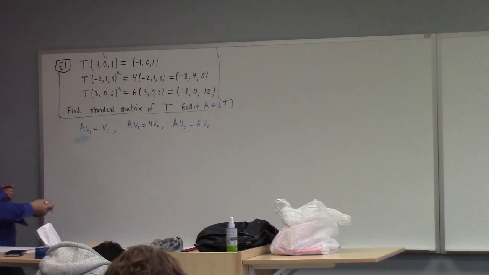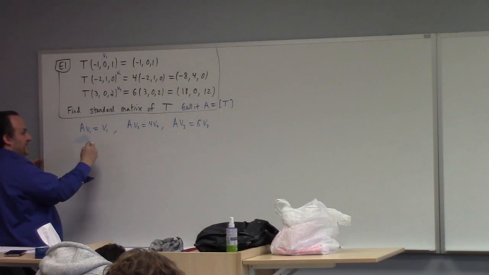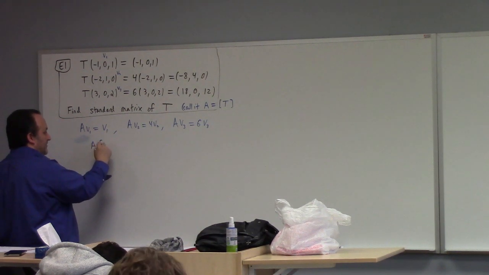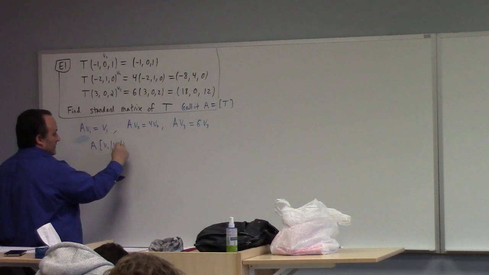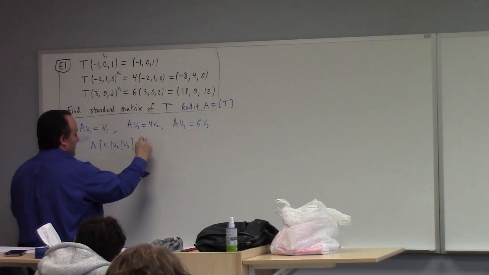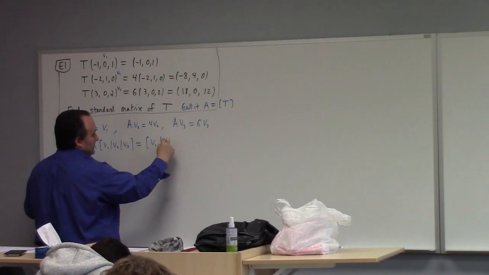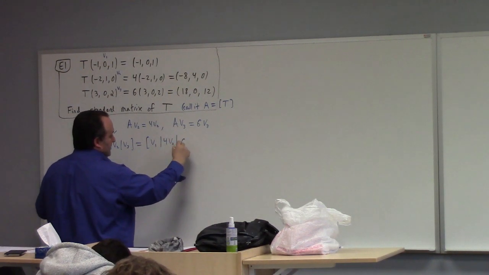So we can combine these three equations into one matrix equation. This can be written instead as A times the matrix [V1, V2, V3] equals [V1, 4V2, 6V3], right?